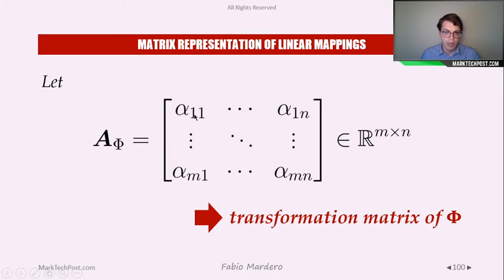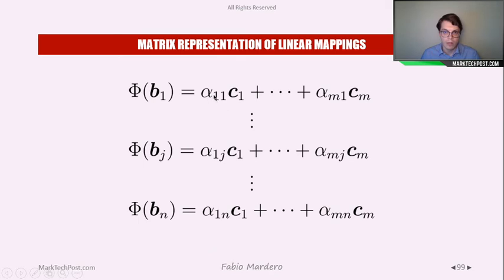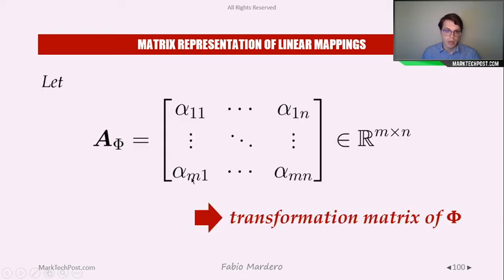So we have alpha_11, ..., alpha_m1. Here we have alpha_11, so alpha_m1. So basically we have transposed these coefficients. Here we see them on a horizontal line, in the matrix we put them vertically.